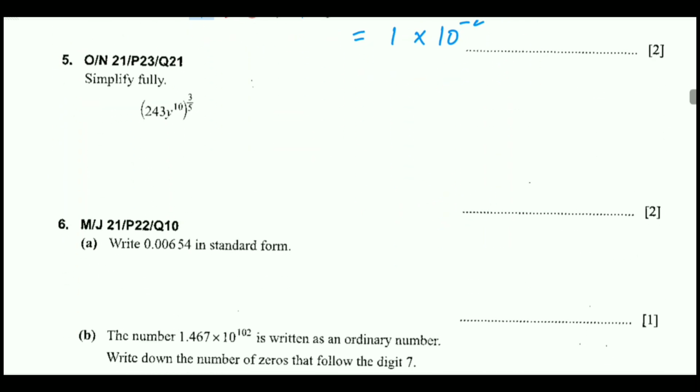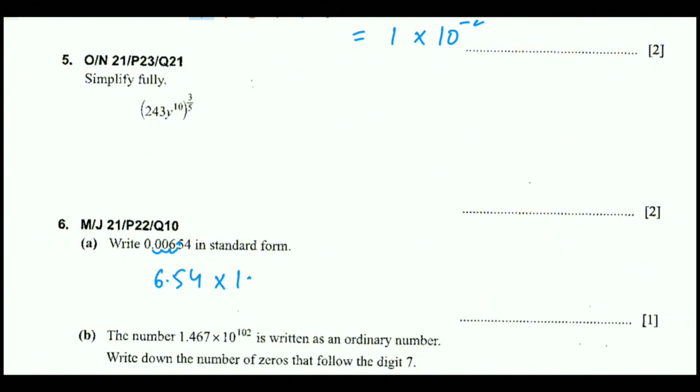Next question, question number 6, that is also a very simple question. 0.00654, write in standard form. It means our decimal should be after 6. So we are moving our decimal 3 numbers right side, so it will become 6.54.